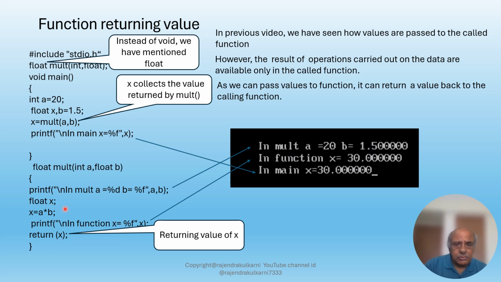The value of multiplication of two variables passed to the mult function is assigned to another variable x, and that variable x value is returned back by the function to the calling function, which is collected in a variable x in the calling function. So this is how a function return works.